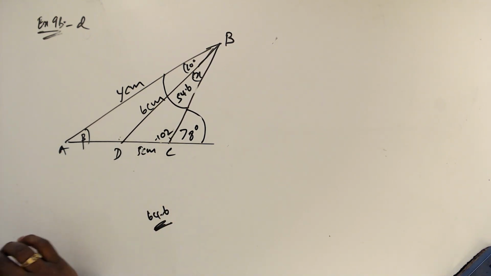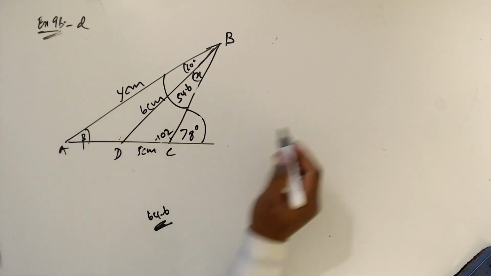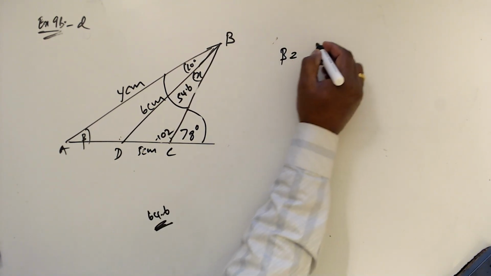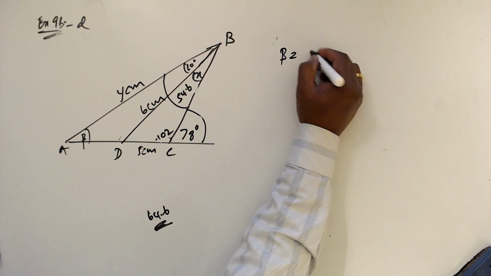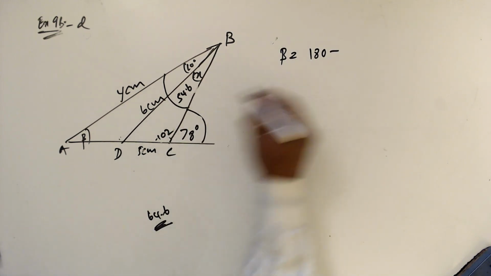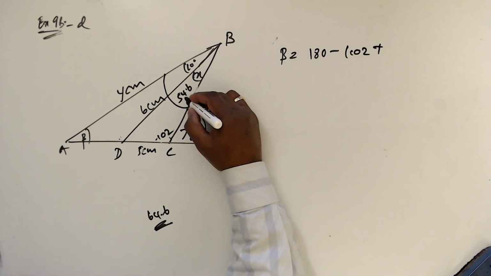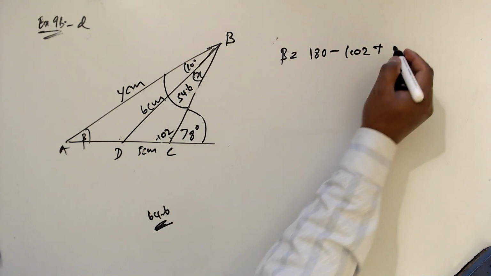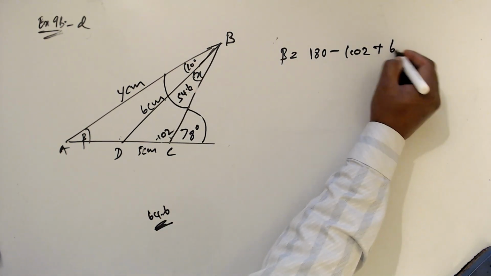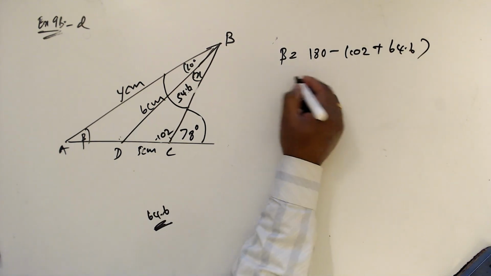So this is the plan. Now I need to get this angle beta. Beta equals 180 minus this 102 plus this 54.6 and 10, 64.6.